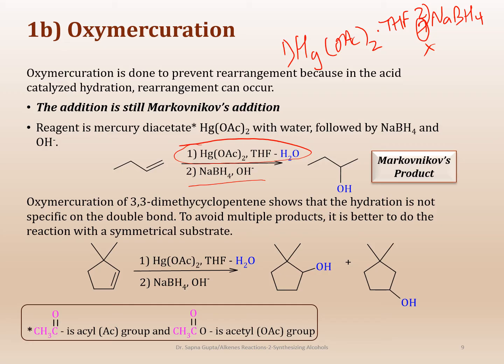Anyhow, so the mercury diacetate, first let me explain to you about the OAc group. The OAc group here is called the acyl group. And Ac is the short form for acyl, just like we have Me as short form for methyl. So the acyl group here is just the CH3 C double bond O. This is the acyl group, okay?